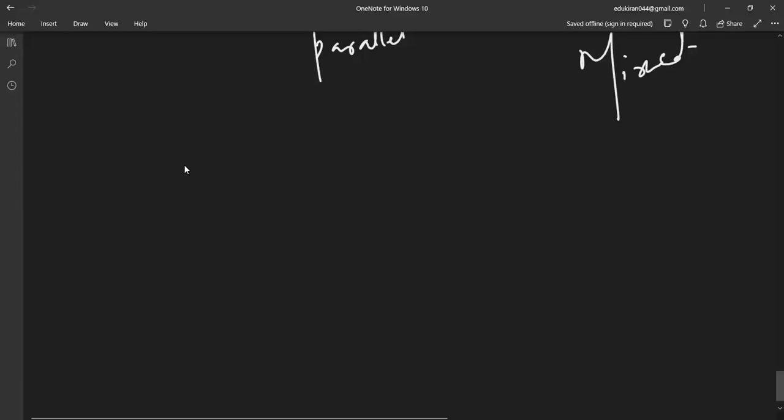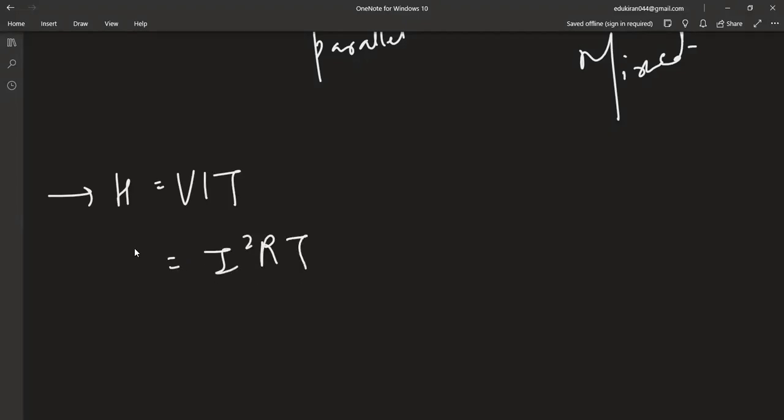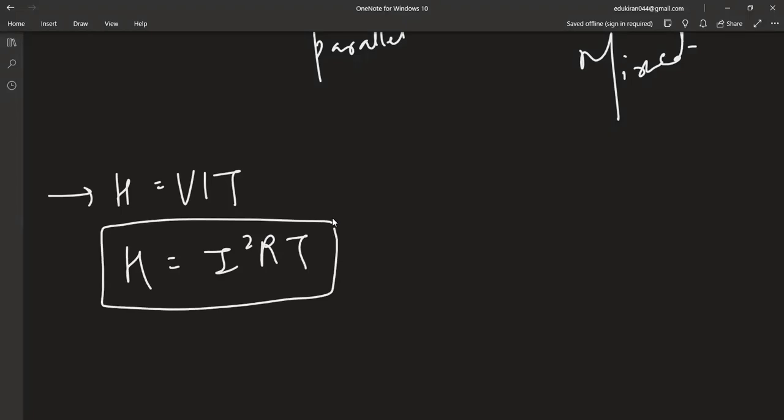Then heating effect, questions can be asked on heating effect also. What all things do you have to remember in heating effect? The basic formula you have to remember is VIt, or I square Rt. H is equal to I square Rt is the main formula which is used, and this is known as Joule's law of heating.